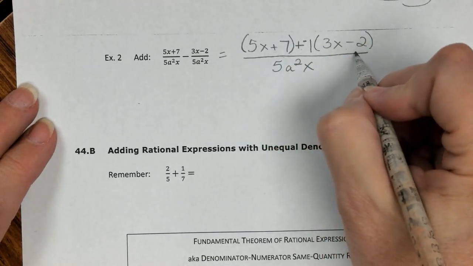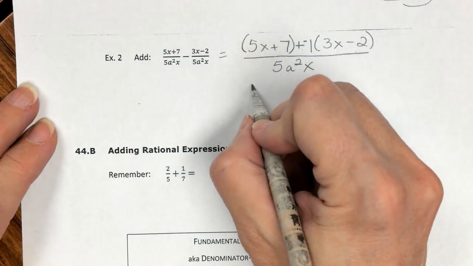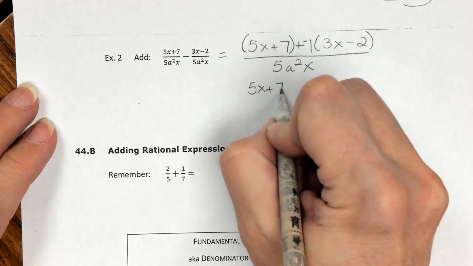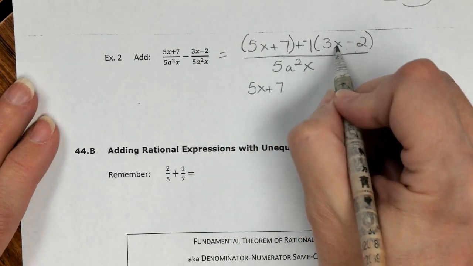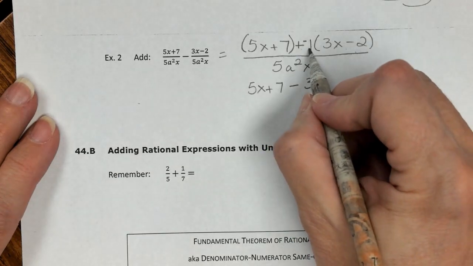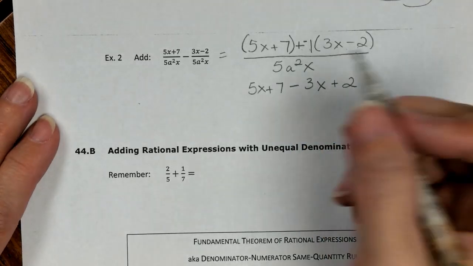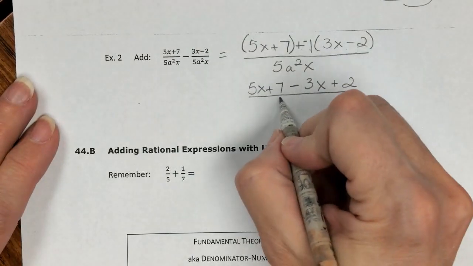We're multiplying times those. So we have 5x plus 7. Then we have negative 1 times 3x, so a negative 3x, minus 3x, and then negative 1 times negative 2, which gives us a positive 2, so plus 2, over the common denominator.